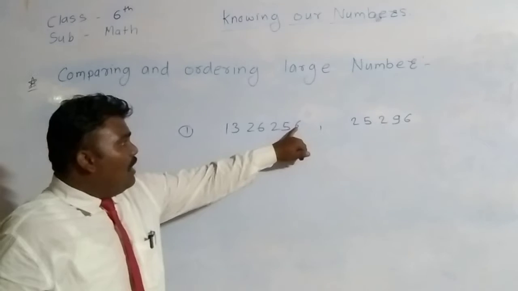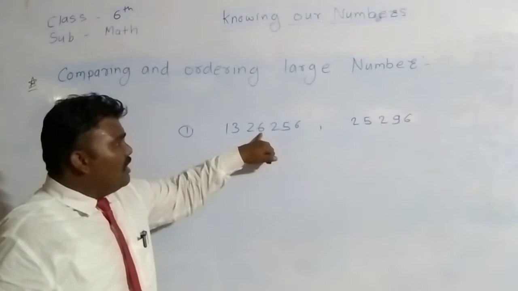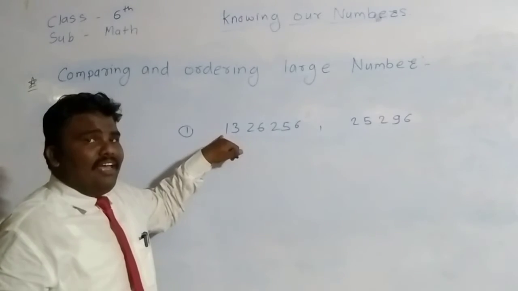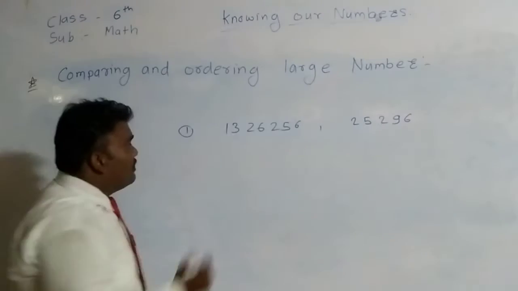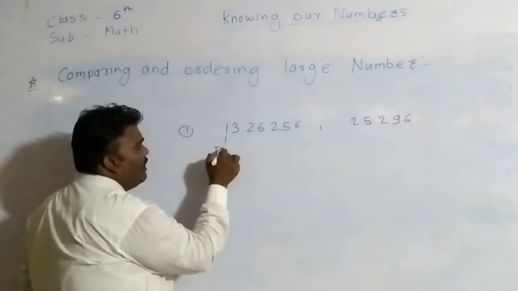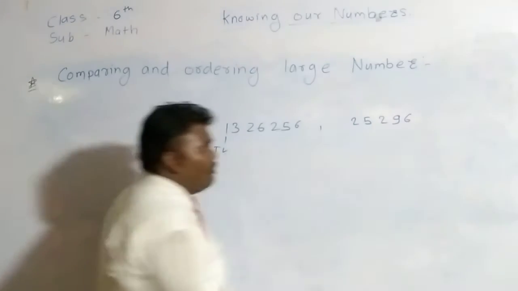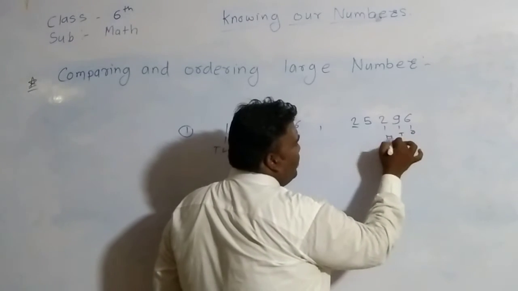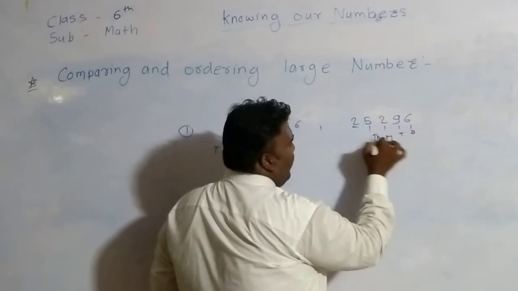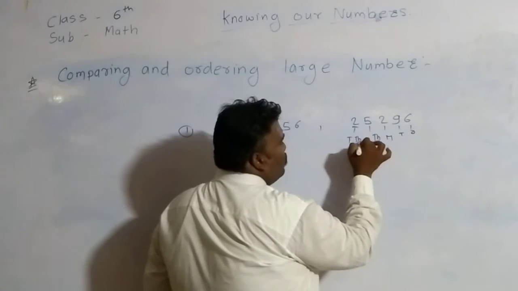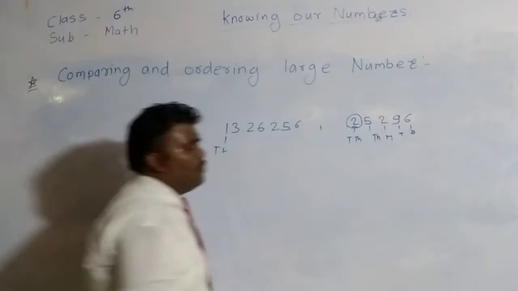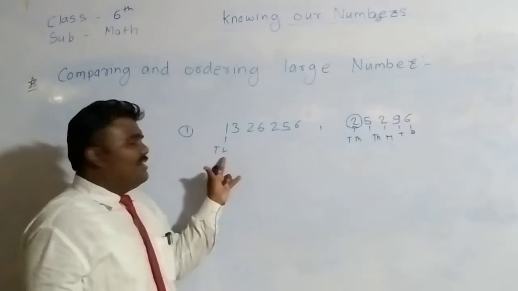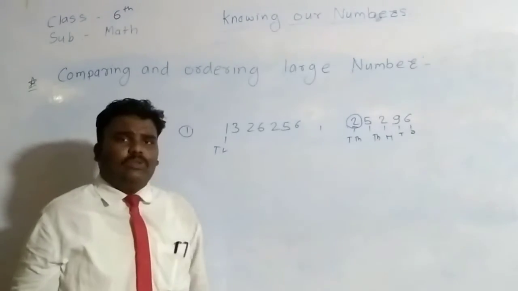Look here: ones, tens, hundreds, thousands, ten thousands, lakh, ten lakh. Here this one is at the 10 lakhs position. And what about the other? Ones, tens, hundreds, thousands and ten thousands. So this 2 is at the ten thousands place. So which one is greater? 10 lakh is greater than 10,000.